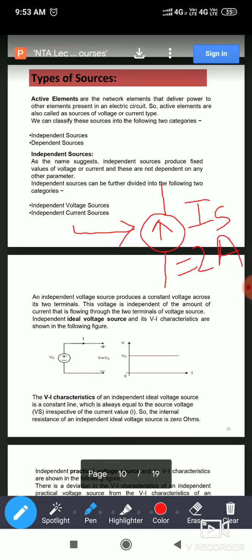In the network subject, in the NTA subject, a small thing will create a lot of problems. So every time you have to note down the small things. If you concentrate on all those small points, there should not be any problem throughout this chapter or this subject.